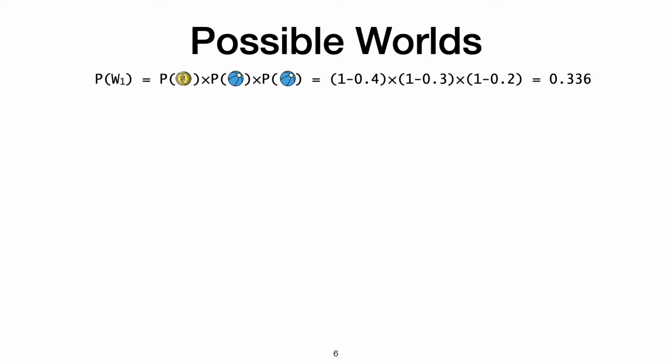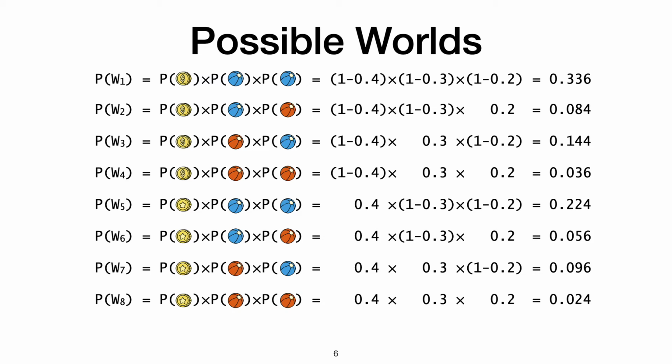For example, you can imagine the situation or the world in which we toss tails and draw two blue balls. The probability of this world can be computed by using the individual probabilities of the actions. Similarly, we can do this for all possible worlds, which are 8 situations or 8 possible worlds in this example.